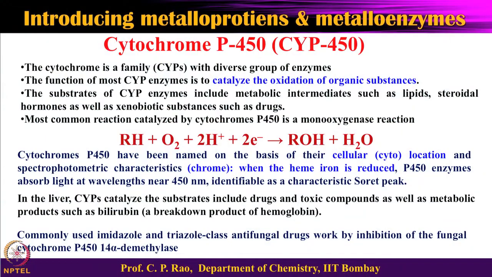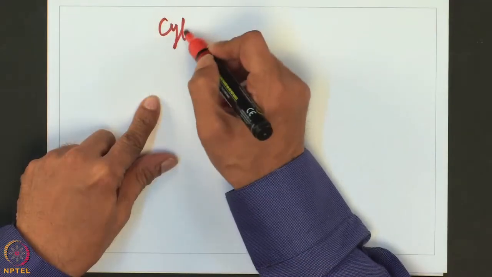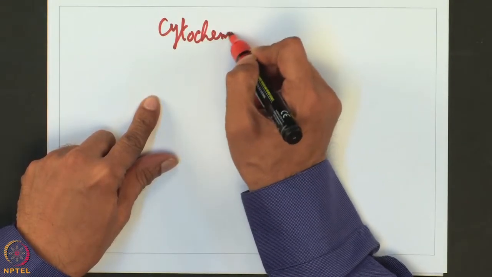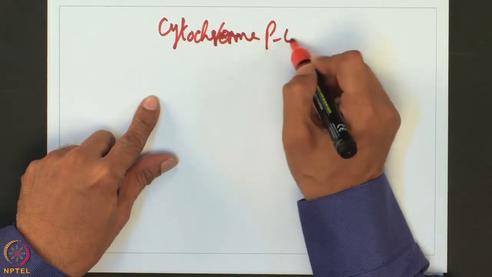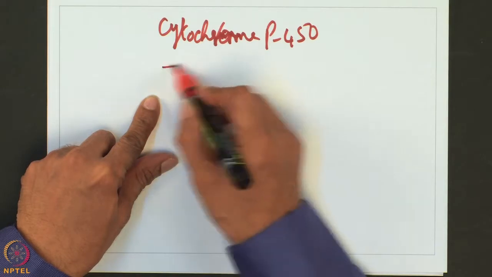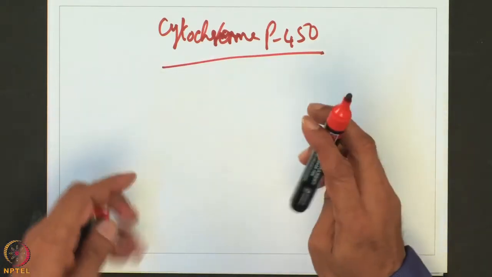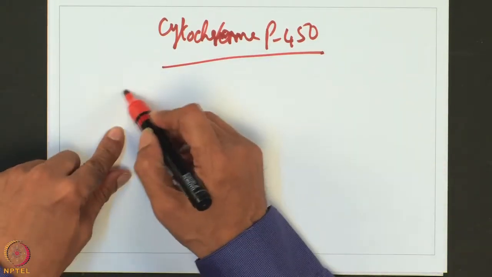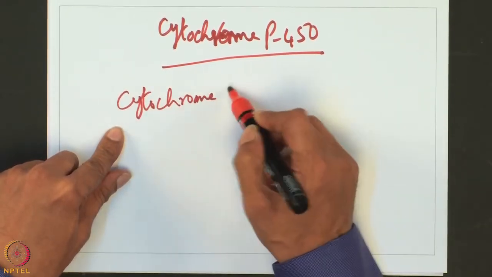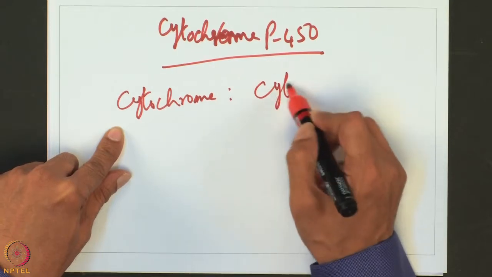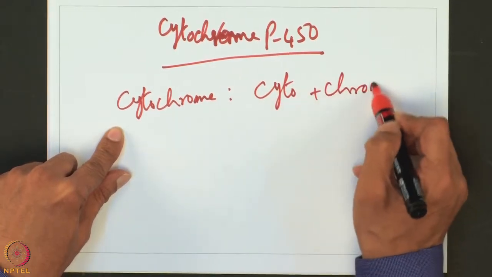Why is it so popular? Before we come to the question of why it is popular, let us come to the word cytochrome. It has two words, cyto and chrome.